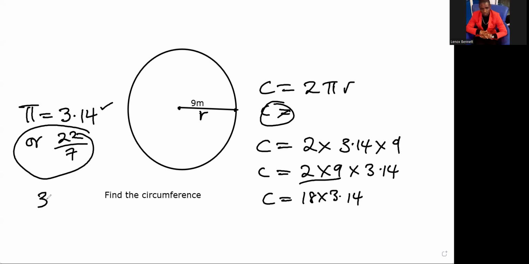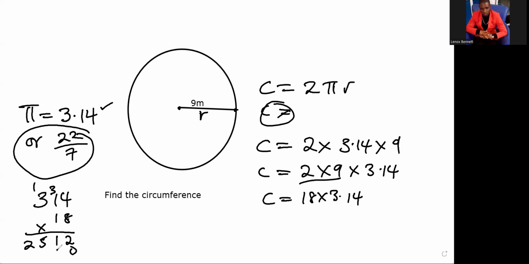So it's 314 times 18. We can just multiply: 8 4s are 32, 8 1s are 8, plus 3 is 11, 8 3s are 24, plus 1 is 25. Put a 0 in the space because we're going to multiply by 10 now.